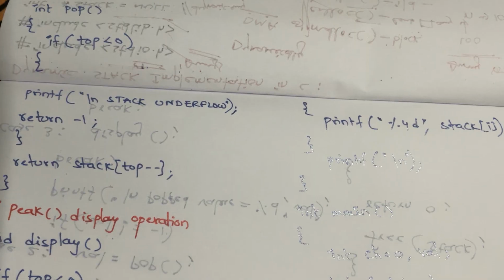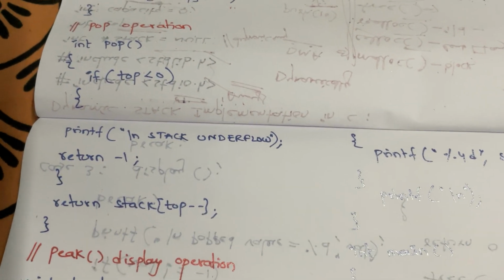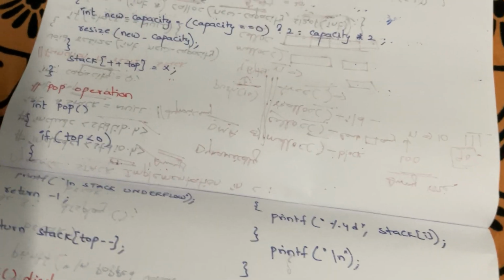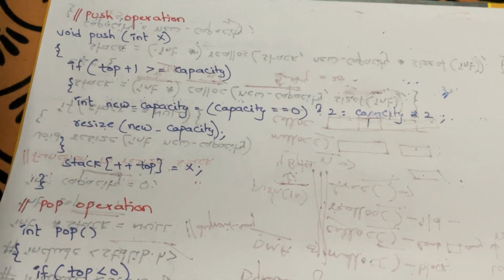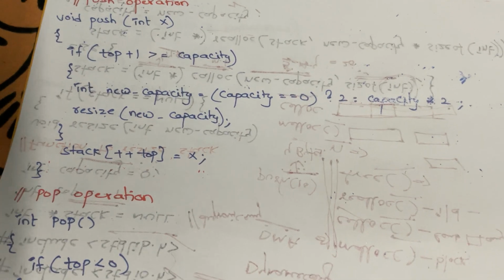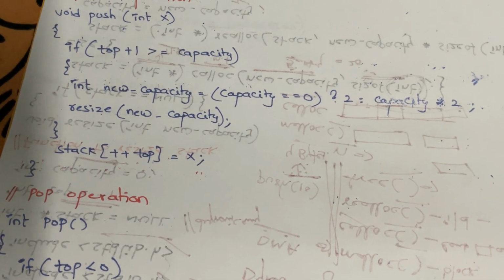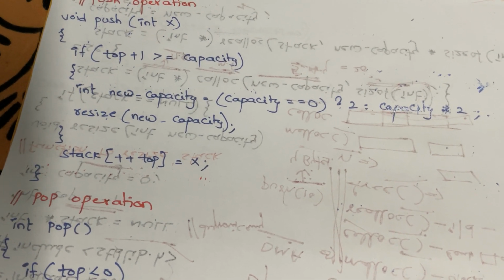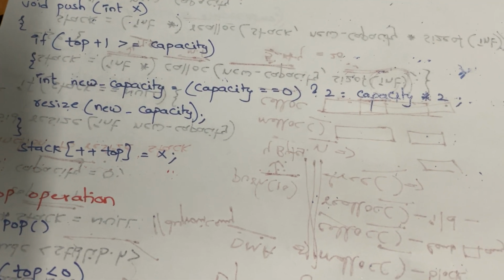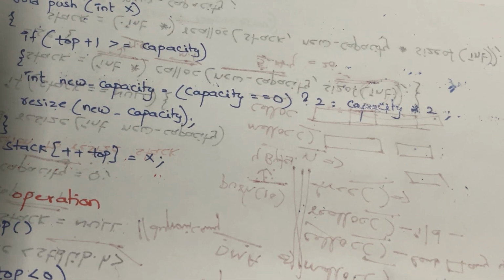So this is the push operation, and these are the operations we perform on the stack. Every operation that we discussed in the previous video, you can observe the same here. You might have noticed that we took the same functions: push, pop, peek, and display, correct? Earlier we saw the resizing function, and that was the difference. When the stack is full, capacity will be doubled.